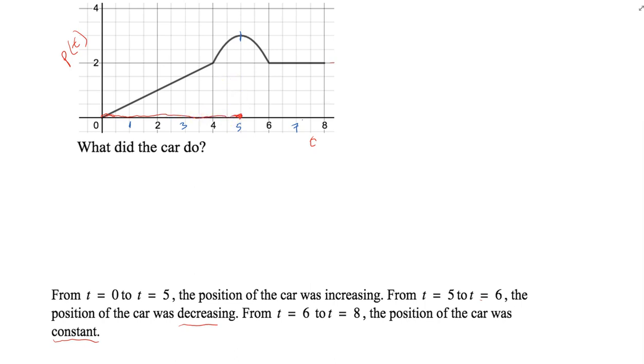And between t equals 5 to t equals 6, we could use a different color, let's say orange, that's decreasing. And between t equals 6 to t equals 8, we could use a different color, green, to represent constant.